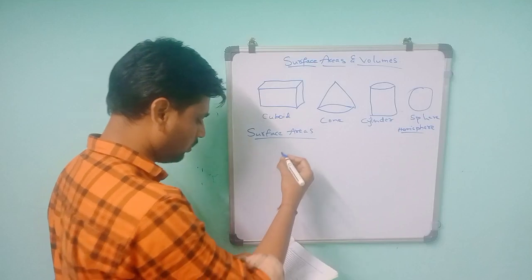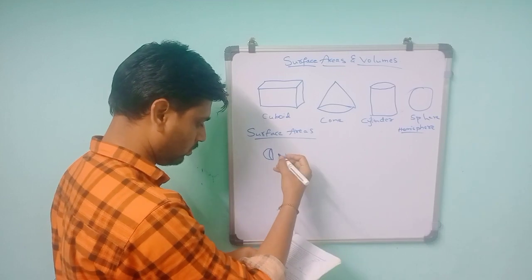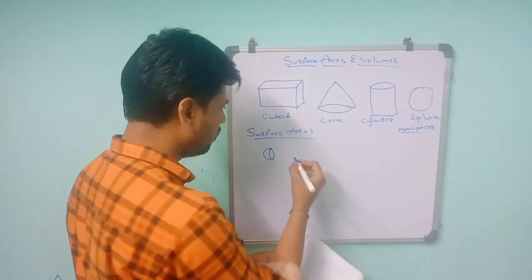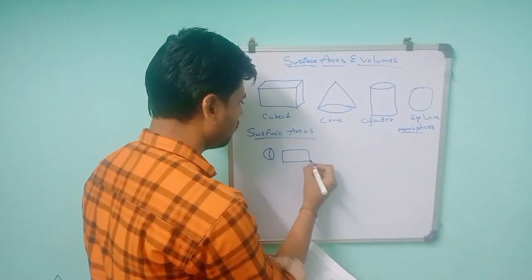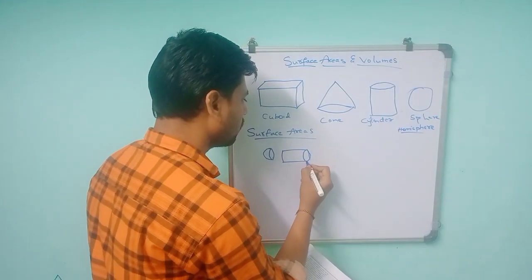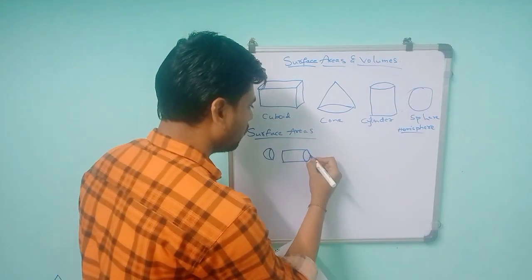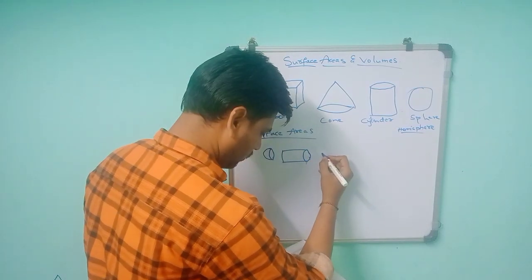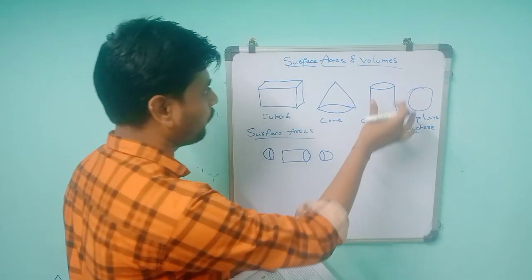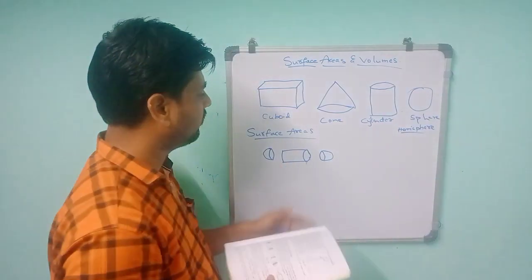See this first part, then the cylinder, then one more hemisphere. A hemisphere is half of a sphere. These are the two hemispheres and this is the cylinder.